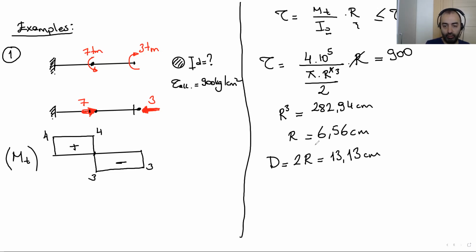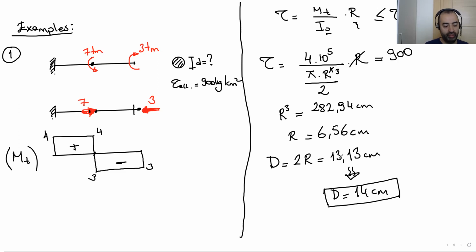But in real life, we don't use this type of 13.13 centimeter. Instead, round up this number. Let's use diameter equals 14 centimeter.